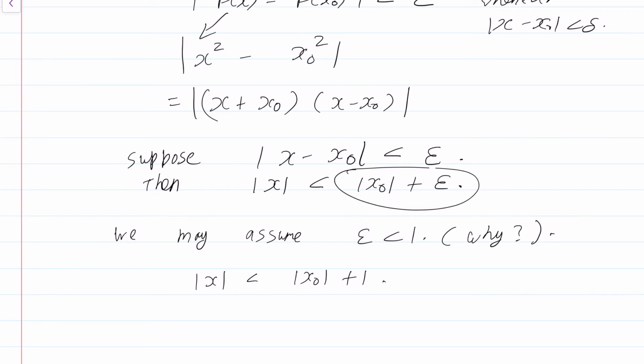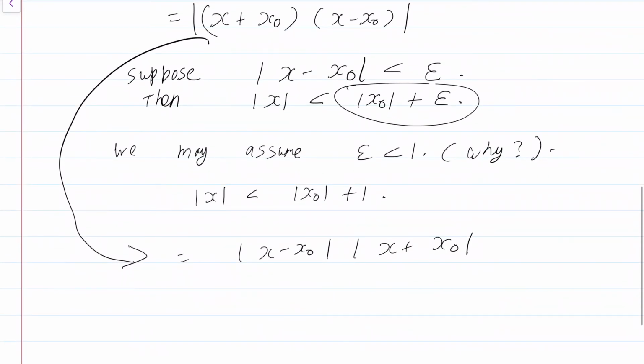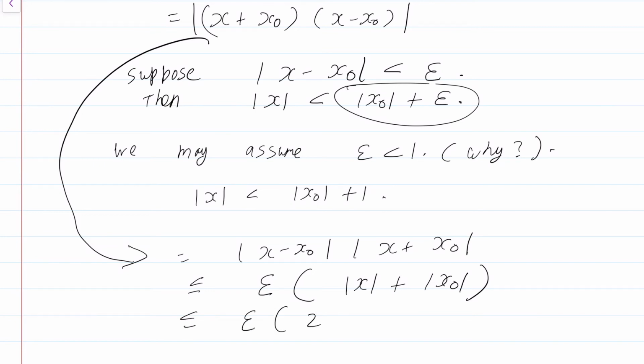Okay, now coming back to this expression, it is nothing but mod x minus x naught into modulus of x plus x naught, which is less than or equal to epsilon times mod x plus mod x naught by the triangle inequality, which is again less than or equal to epsilon times 2 mod x naught plus 1.